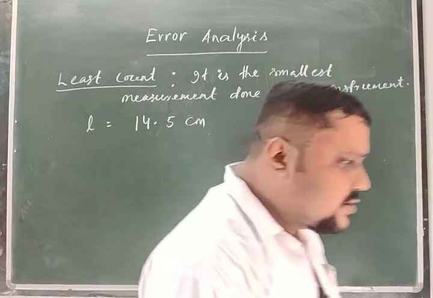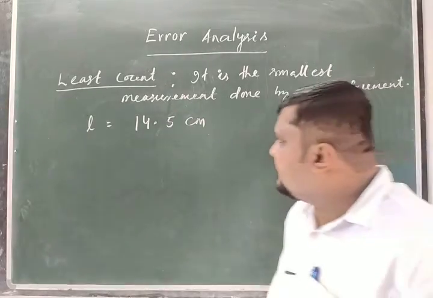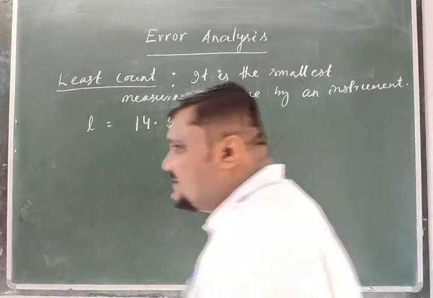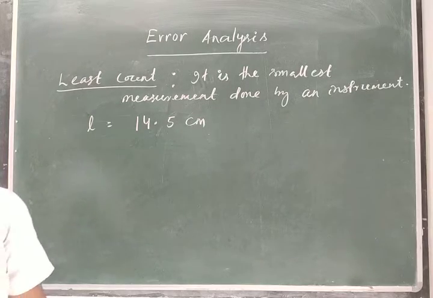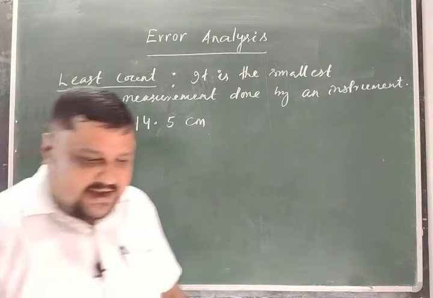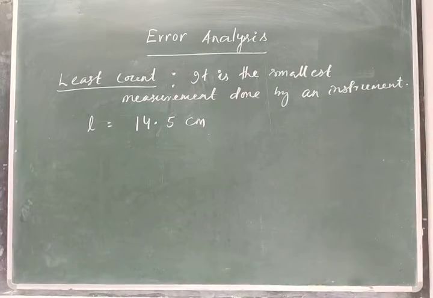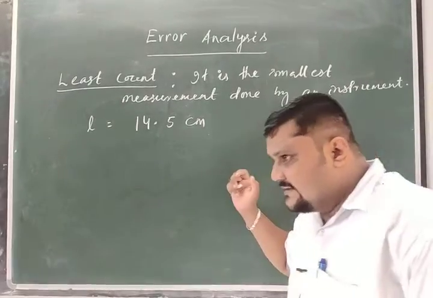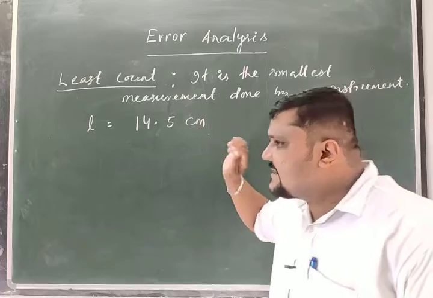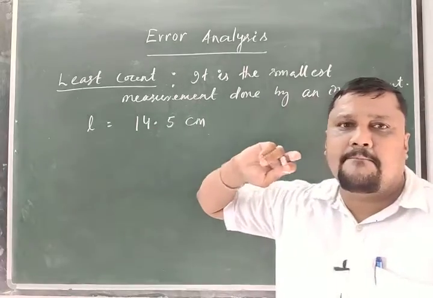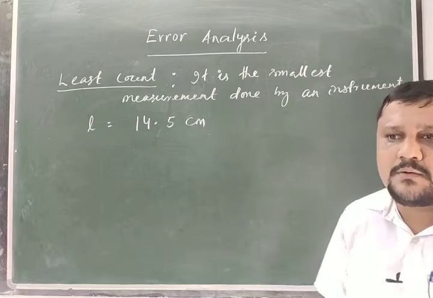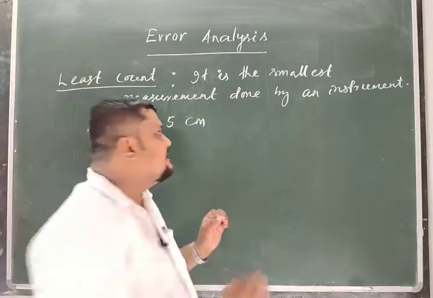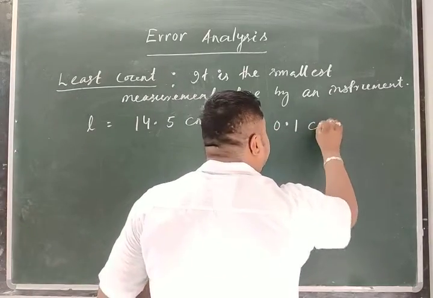So what does it say when I write this? Even if we don't know about the measurement, I can say that this length is measured by a device which can measure the smallest measurement of 0.1 cm.